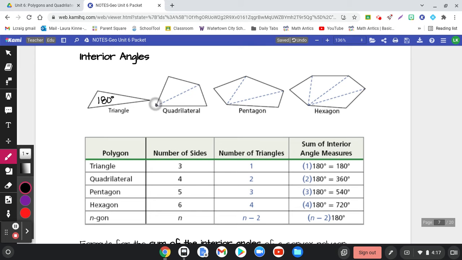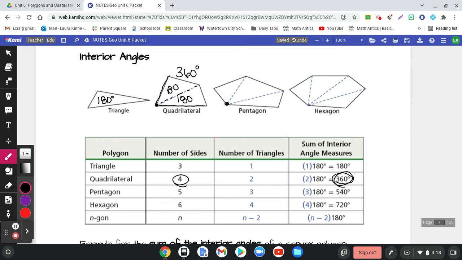So if you pick one point and draw all the diagonals, you've got this side, this diagonal, and then this side, just going from one point. We have a triangle here, we have a triangle here. So those add up to 360 degrees. So in any four-sided figure, it's always going to be 360 degrees. Any three-sided figure will always be 180 degrees.